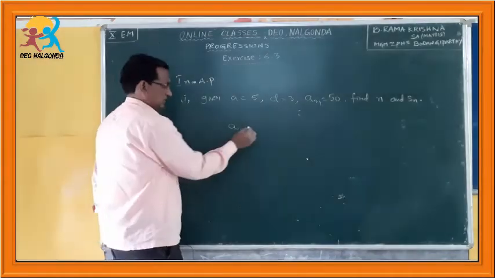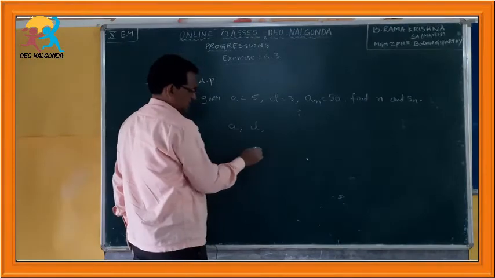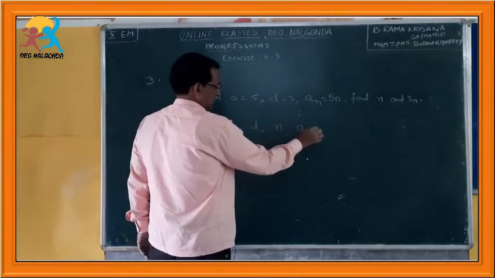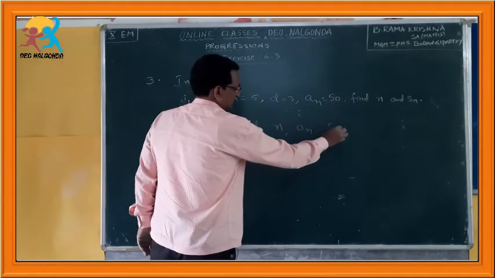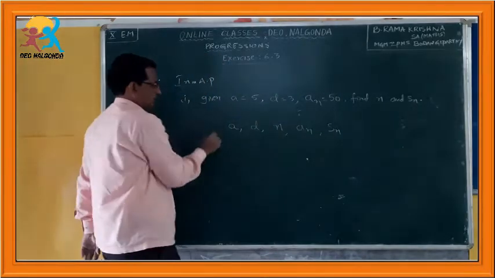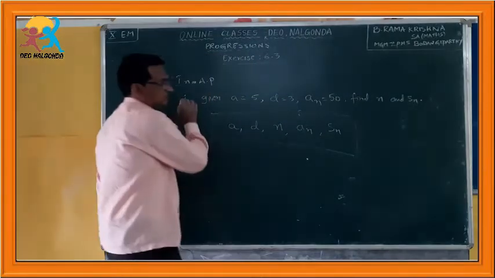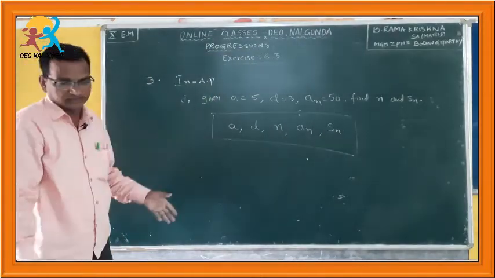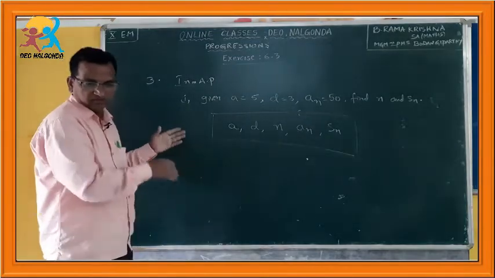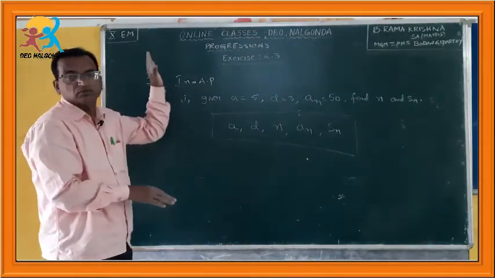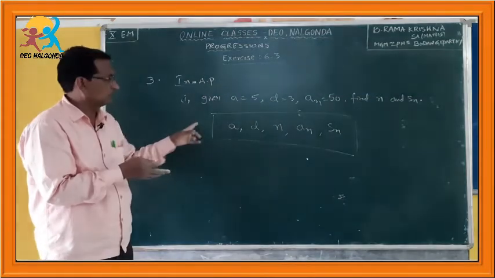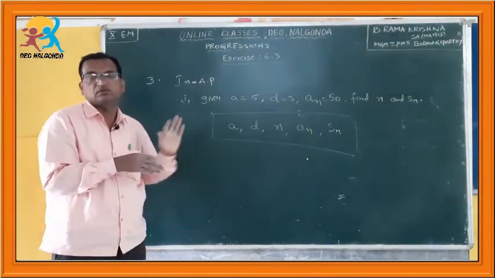A, next comes D, next N, next An, next Sn. You have to understand all these 5. Generally in any question, arithmetic progression problems revolve around these things only.